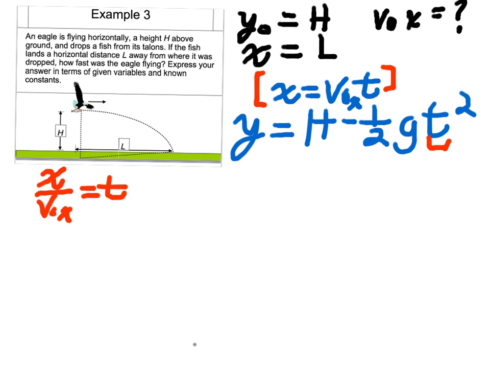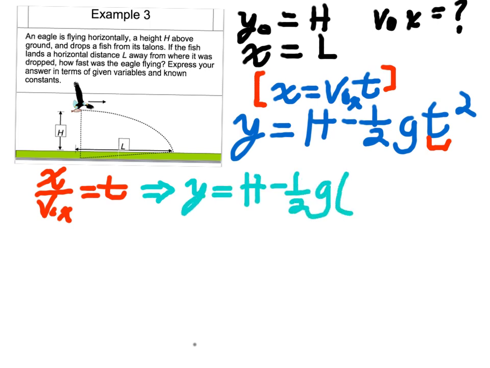And now I can plug that into the other equation. So plugging that into the y equation, y equals h minus 1/2 g, x over v naught x, all squared.